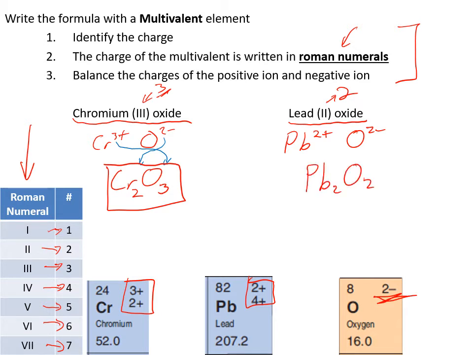And if we do the swap and drop here, we get Pb2O2, common denominator thing. So we can take that out and it just becomes PbO. Just like that. Okay.